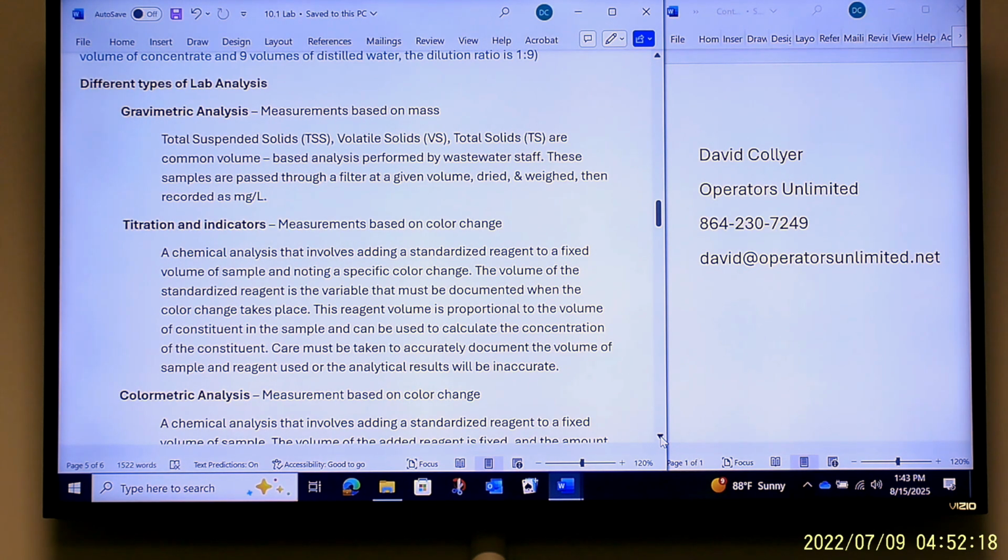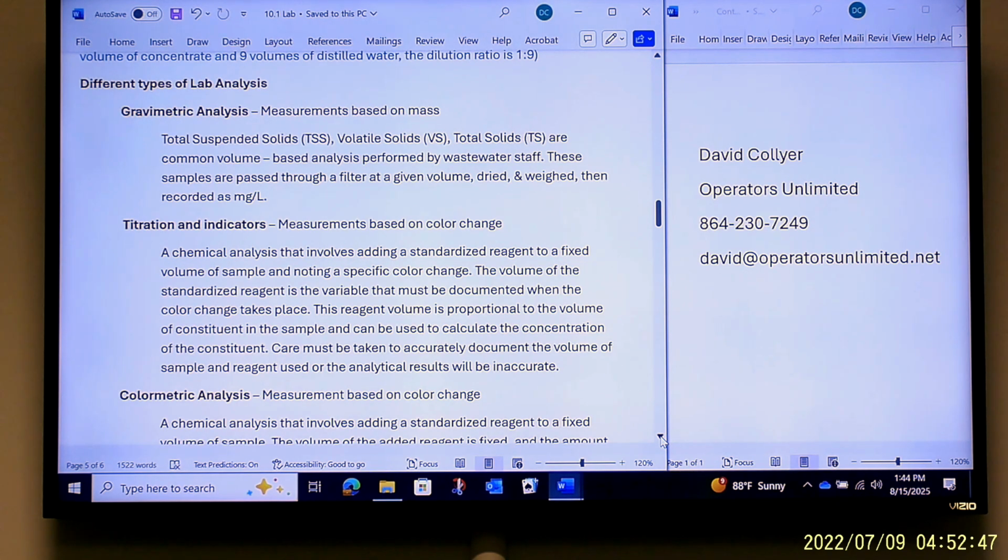So your total suspended solids, your volatile solids, your total solids, these are all based on mass. These samples are passed through a filter at a given volume, dried, then weighed, then recorded as milligrams per liter. That's gravimetric.